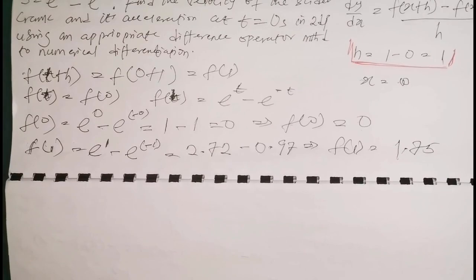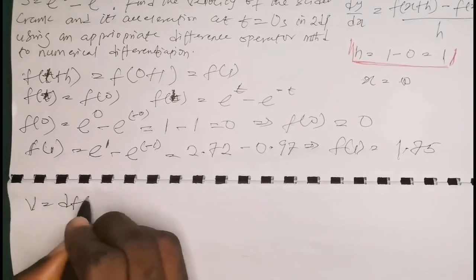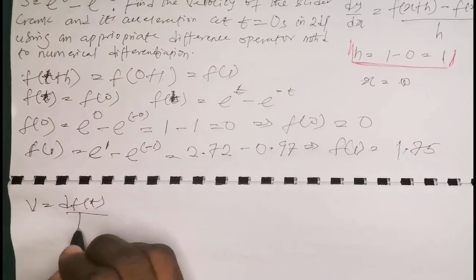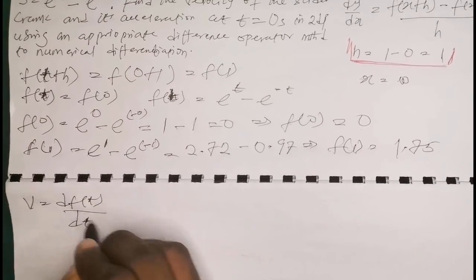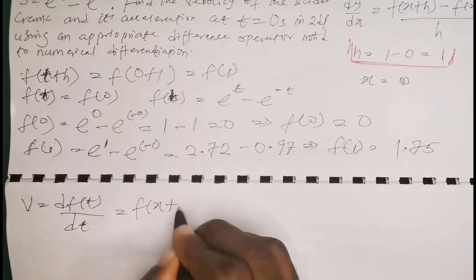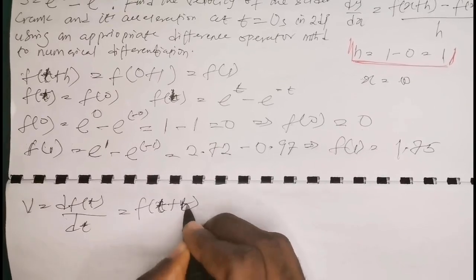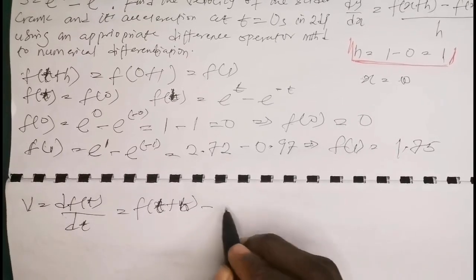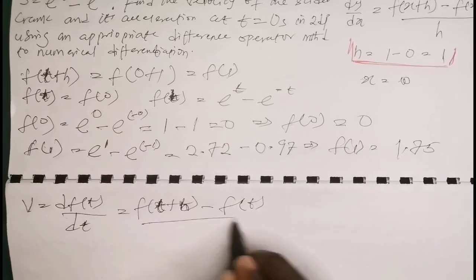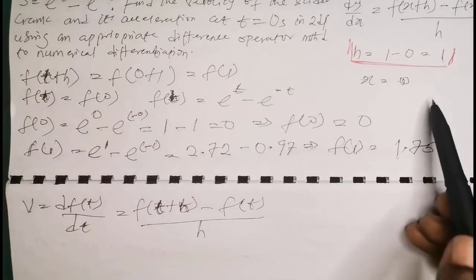Now let's plug into the derivative equation. So velocity is simply the first derivative, which is df of t over dt. So this is going to be equal to f of t plus h minus f of t all over h, where h is the interval, and we obtained the interval earlier as 1.